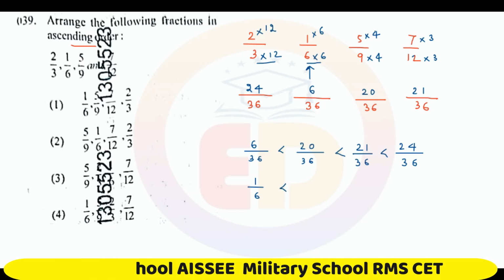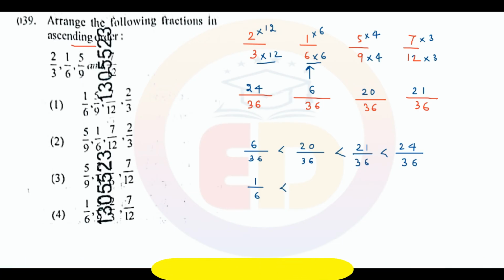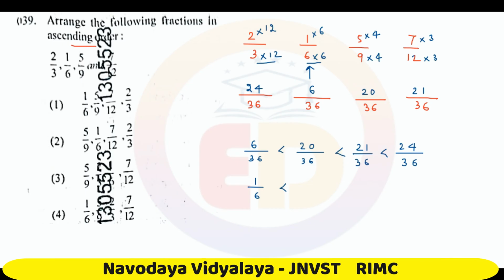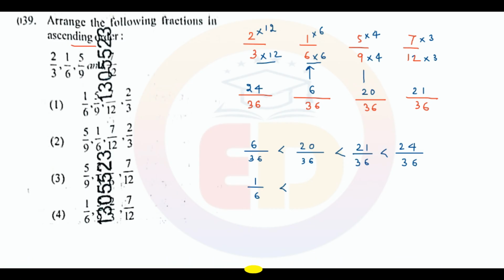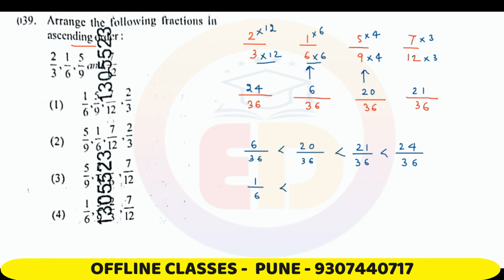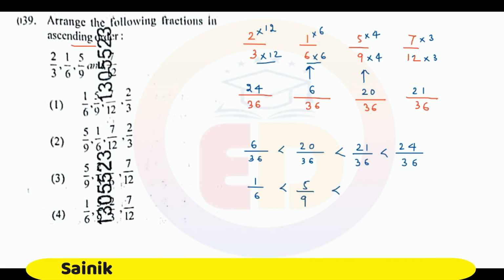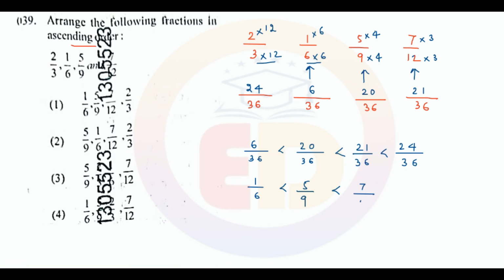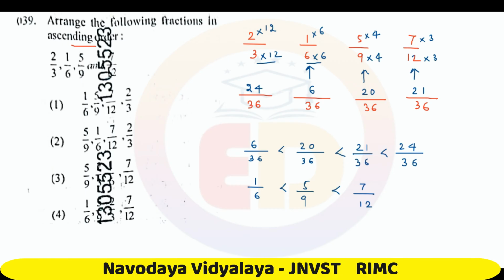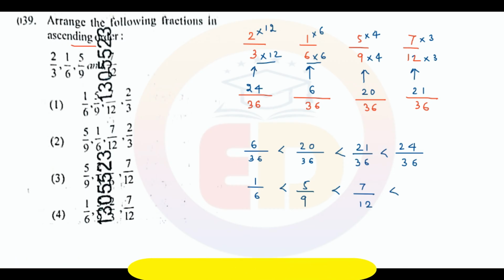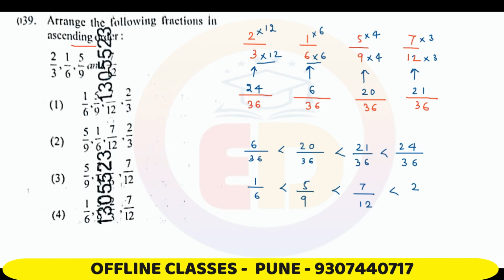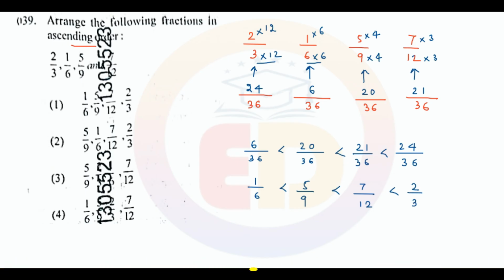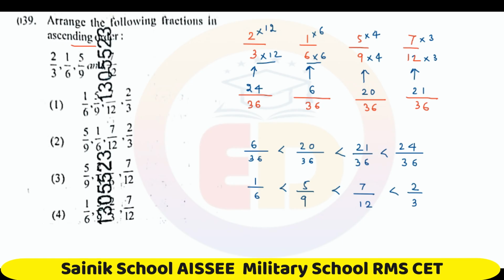It's the smallest. 20 upon 36 is 5 by 9. 21 upon 36 is 7 by 12. And 24 upon 36 is 2 by 3. Our answer is option number 1.